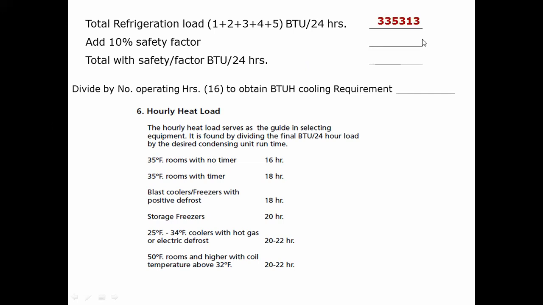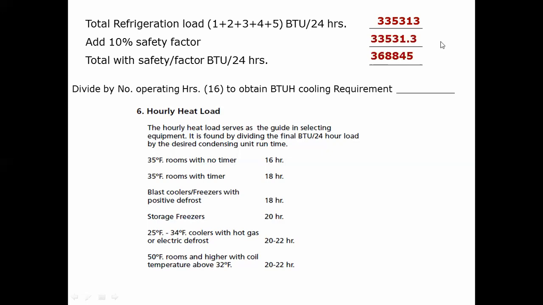And here also you have to add a 10% safety factor. 10% of this value is this one. Then you add both. So you'll be getting approximately 368845. This is our total BTU per 24 hours for this cold storage.